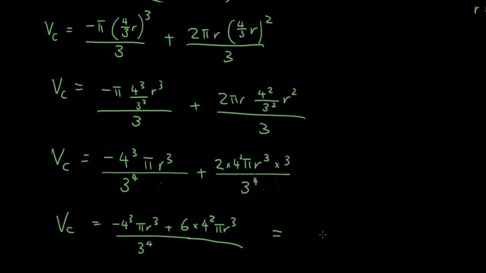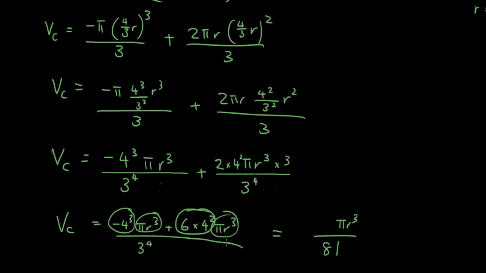The bottom is 3 to the power of 4, which is 81, and the top is something times pi r cubed, because that's the like term. It'll be negative 4 to the power of 3 plus 6 times 4 to the power of 2.